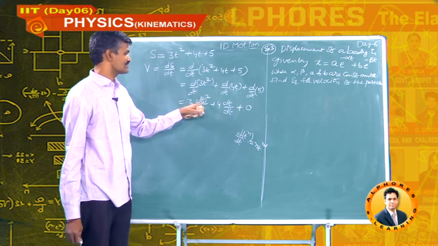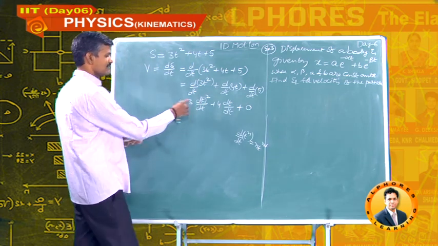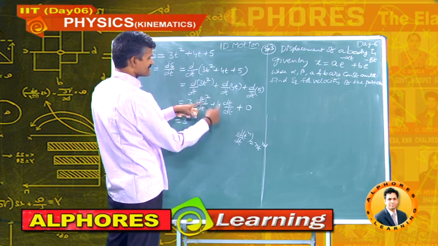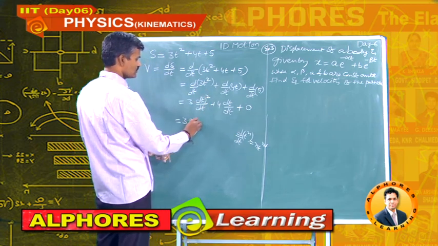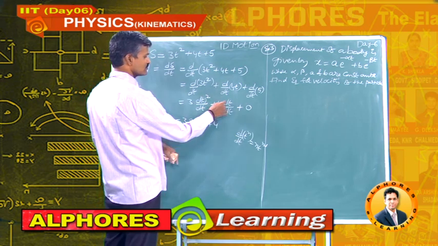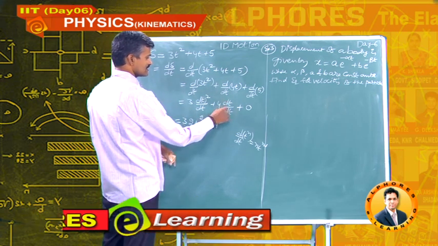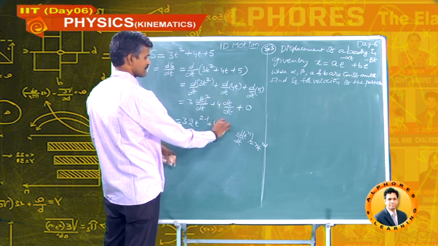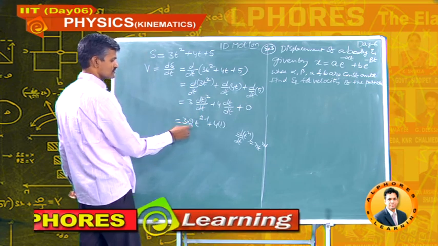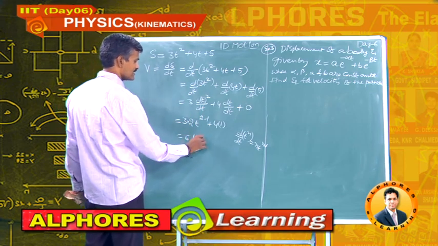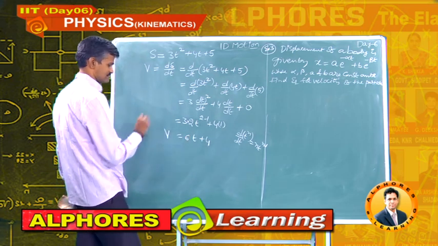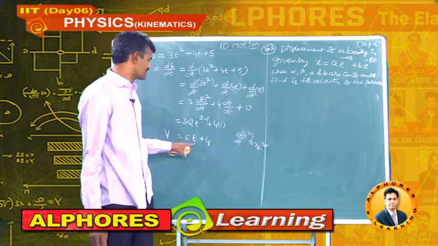So it can be written as 3 into, here our n is 2, so 2 into t power 2 minus 1, plus 4 into dt by dt, that is 1, plus 0. This is 3 into 2, that is 6 into t, plus 4. This is our velocity equation: 6t plus 4.